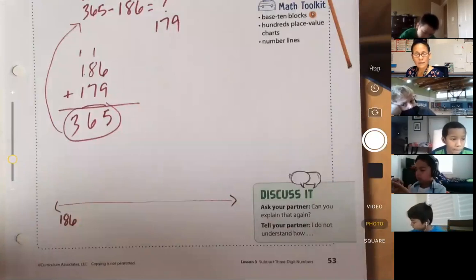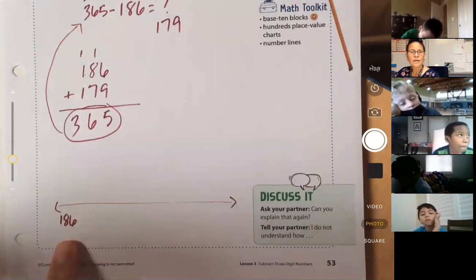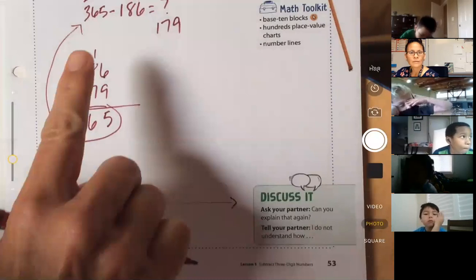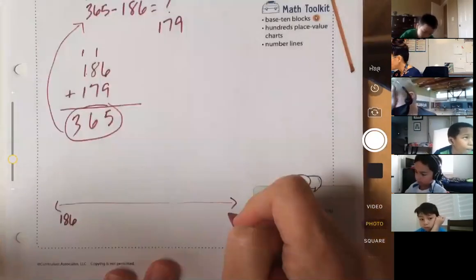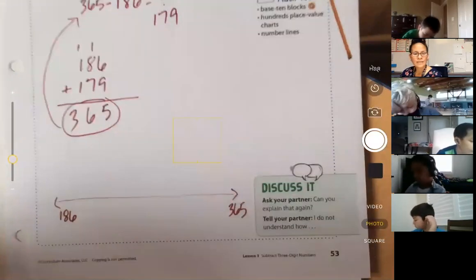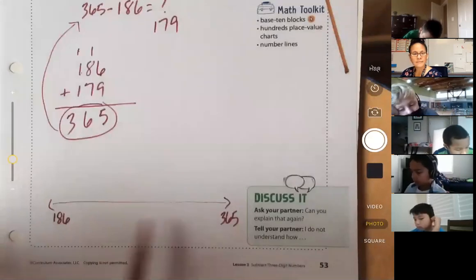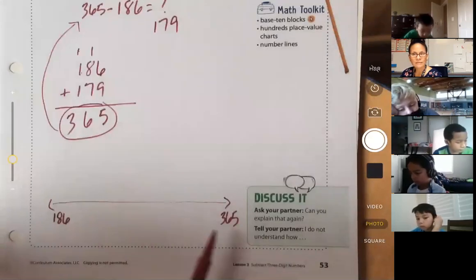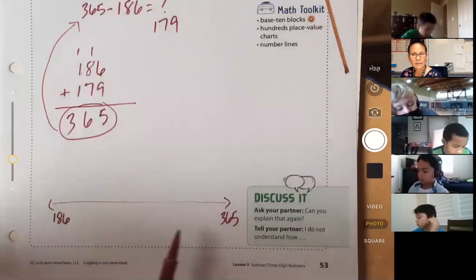Our ultimate goal is to go from 186 to the larger number, 365. That's the opposite end of our number line. Because what we're trying to figure out is what the difference is between these two numbers.